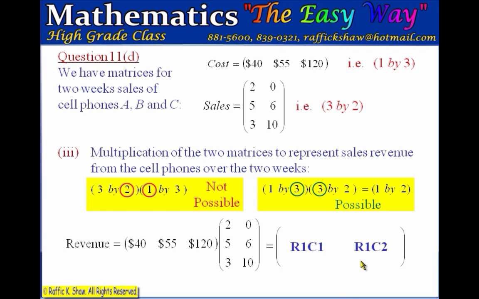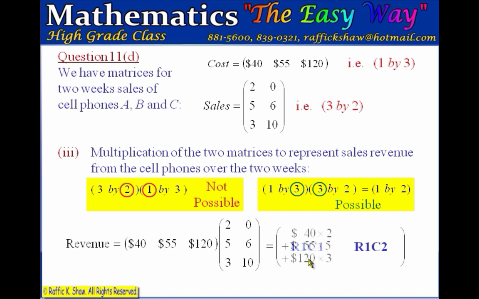The element here would represent the sales in week 1, and the element here would represent the sales in week 2. The codes R1, C1 are placed here to show the row and the column that must be multiplied to arrive at this element, and R1, C2 represents the row and the column that would have to be multiplied to get this second element, that is row 1 and the second column.